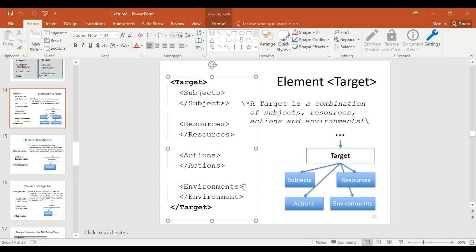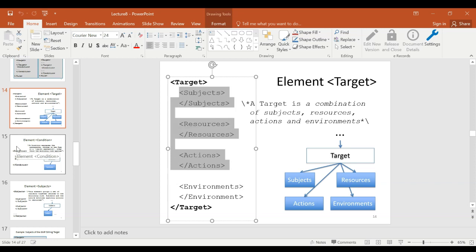Plus, there is also something called the environment element, which is essentially an element that allows you to group any other information relevant to the policy related to a specific resource or number of resources that you cannot classify as either actions, resources, or subjects.